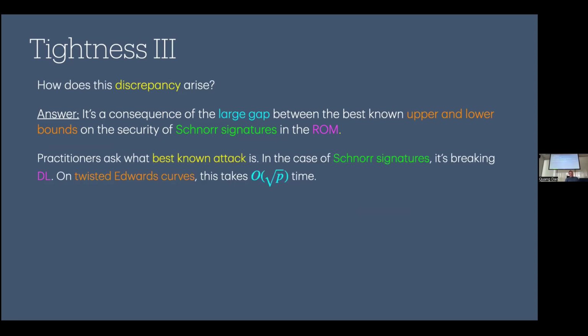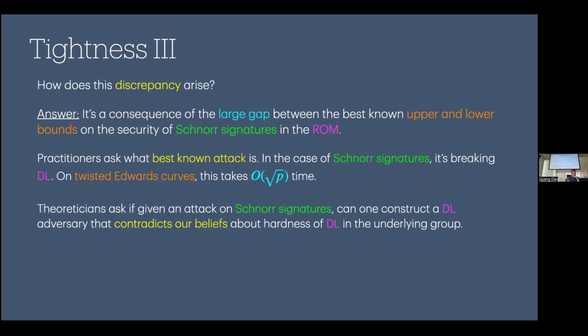Practitioners ask what the best known attack is, right? And since basically the best known attack on Schnorr is just breaking discrete log in the group, and that takes order square root p time. So that's how, if that's the best attack, to get 128 bits of security, you need a 256-bit curve, right? The baby-step giant-step, yeah, that's one. And there's also Pollard rho and probably some other algorithms. Theoreticians ask a slightly different question.